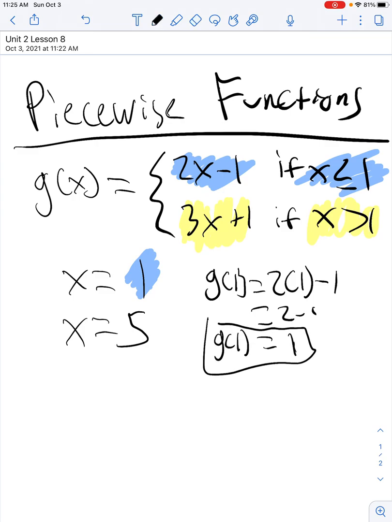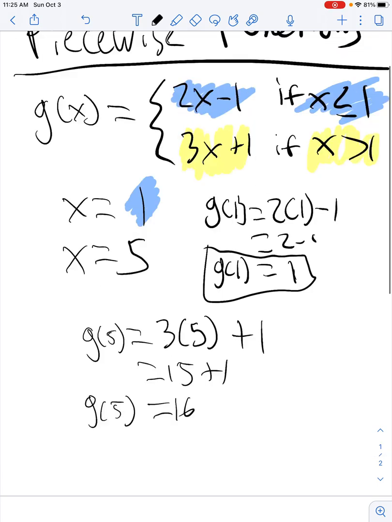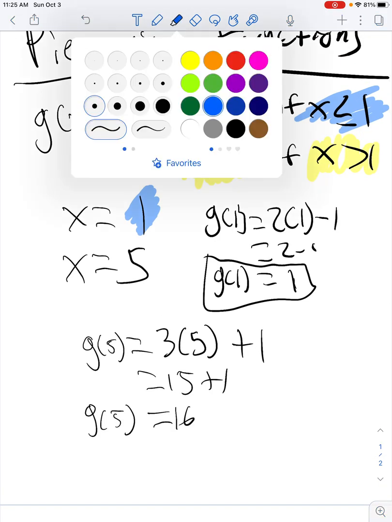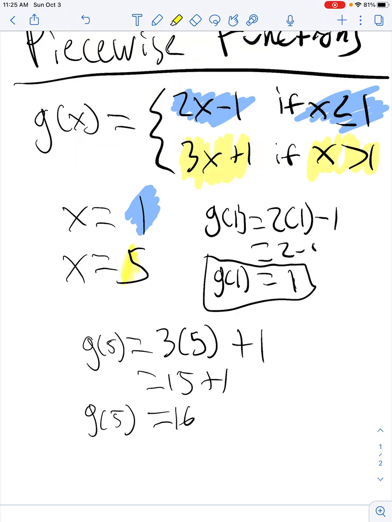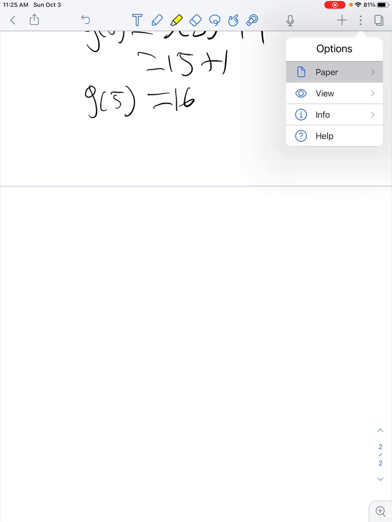So g of 1 equals 1. However, if I wanted to find g of 5, I would have to use my bottom function. So every time I see an x, I'm going to plug in a 5. 15 plus 1. So g of 5 equals 16. So again, you have to determine what is your domain, what x value are you using, and that's going to tell you which function you need to use.